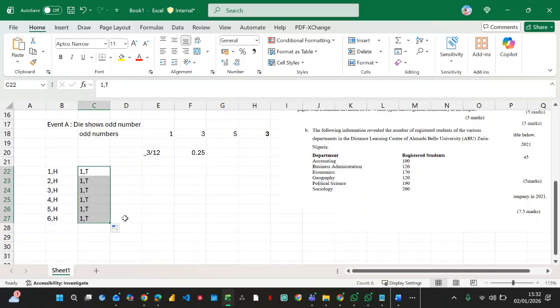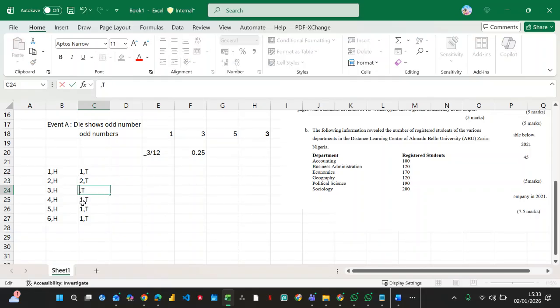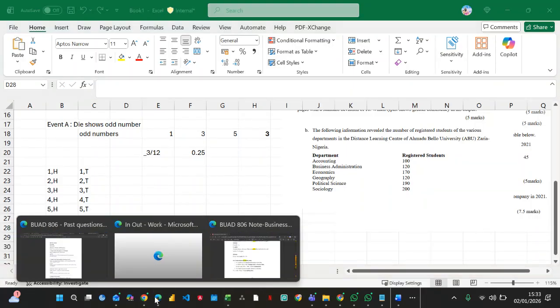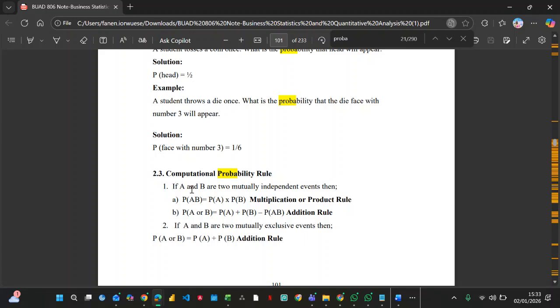The same thing: if I have one, I have head, two, three, six.